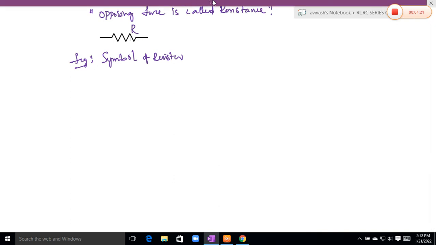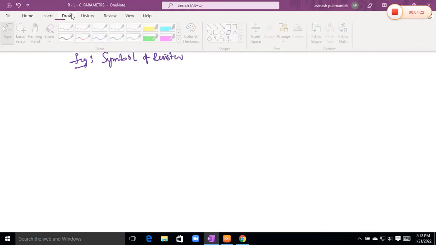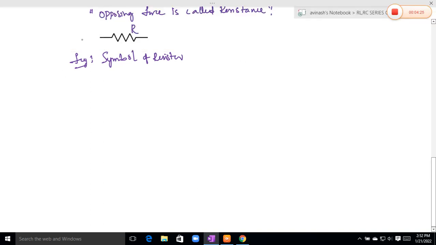Resistance R is defined by Ohm's law, which says that resistance is equal to the voltage divided by the current.